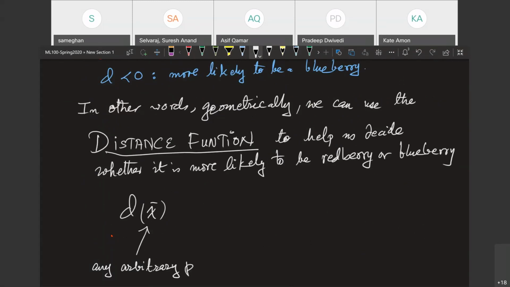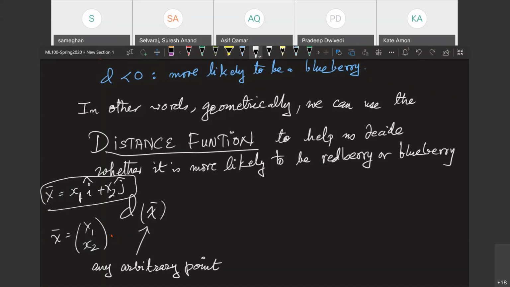So x is basically the x1, x2 coordinates of this point. I'm writing it in this notation, and from school you may be used to x1 i plus x2 j. Remember vector notation? It is all the same, just conventions of writing it. So given a point, you can find the distance from the decision boundary, dx.